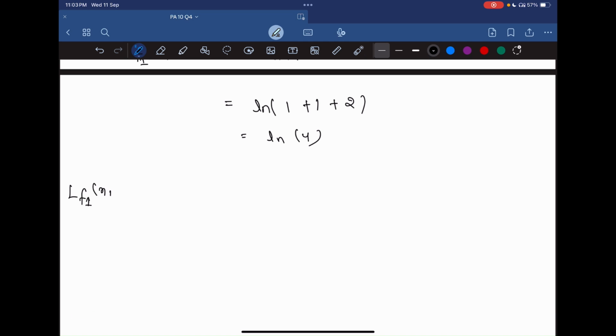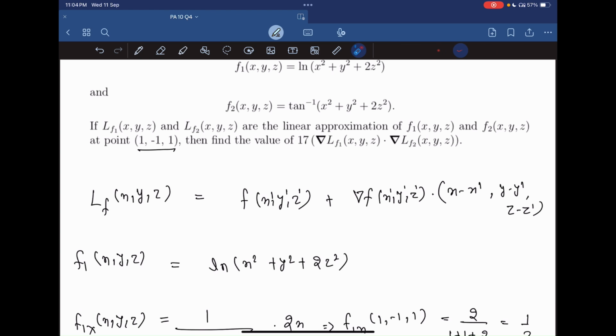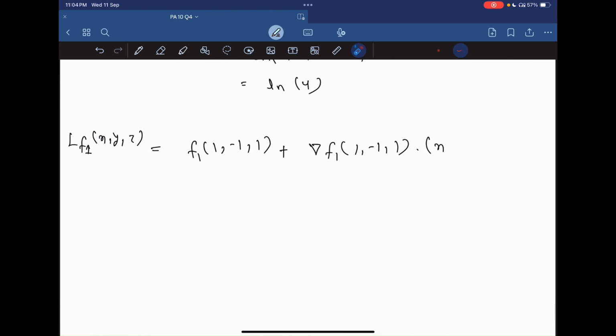So LF1 is given by f1 at the point 1 minus 1 1, plus the gradient of f1 at 1 minus 1 1 dotted with x minus x dash, y minus y dash, z minus z dash. Our point on which we are finding the linear approximation is 1 comma minus 1 comma 1. So it would be x minus 1, y minus minus 1, so y plus 1, and z minus 1.